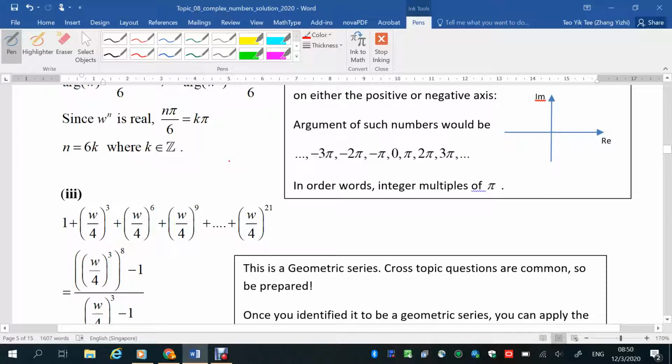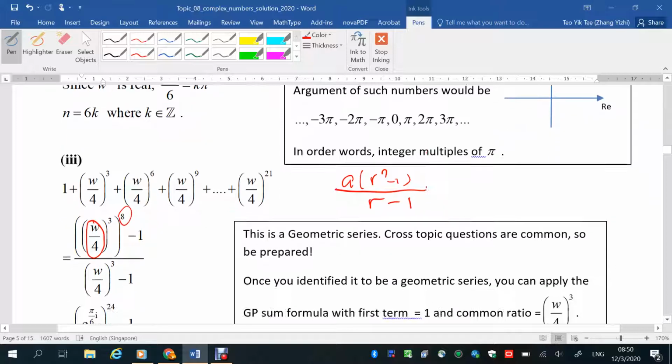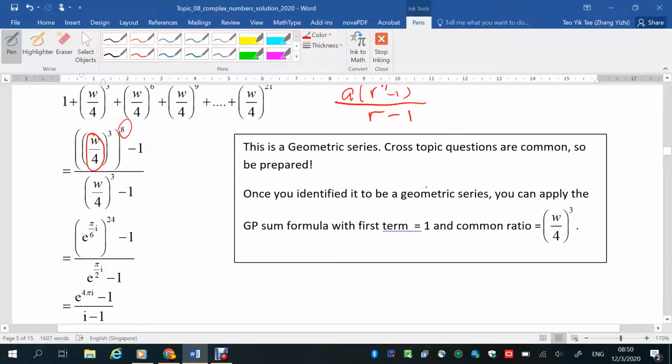Okay, so the sum of GP formula is a(r^n - 1)/(r - 1). So a is just 1. r is (w/4) to the power 3. n is 8, minus 1, divided by r minus 1. So simplifying this, when you hit here, your rules of indices come in again.